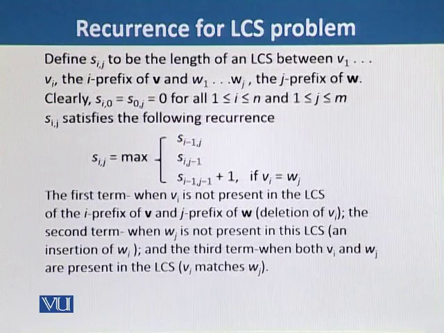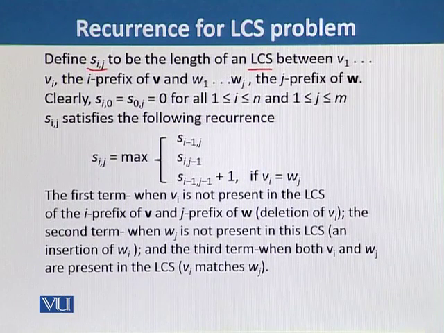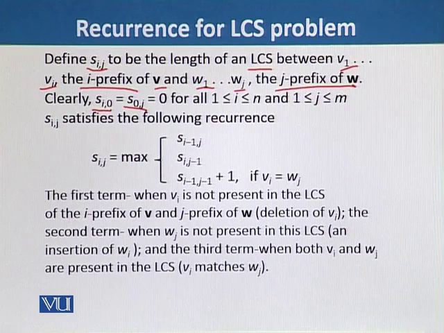So if we define S(i,j), any vertex in the graph, to be the length of the longest common subsequence between V1 up to Vi, the i-prefix of V, and W1 to Wj, the j-prefix of W, it clearly indicates that S(i,0) and S(0,j) are equal to 0.